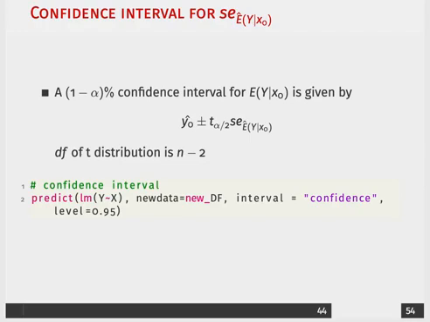In R, this allows us to just put in what type of interval we want. So we're going to say we want a confidence interval, remember, not a prediction interval. We can tell it what our alpha is. In this case, the critical value is 0.05, aka we want 95% confidence intervals around our predicted value. And what this returns is the predicted value first, the lower bound of the confidence interval, and then the upper bound of the confidence interval.